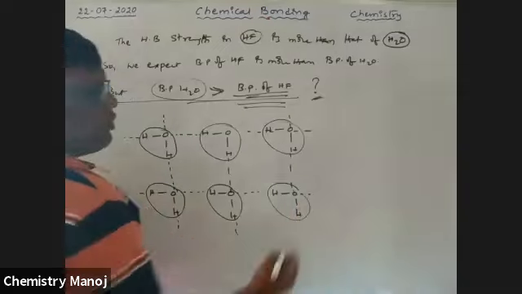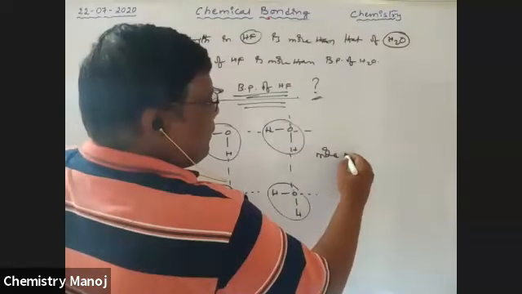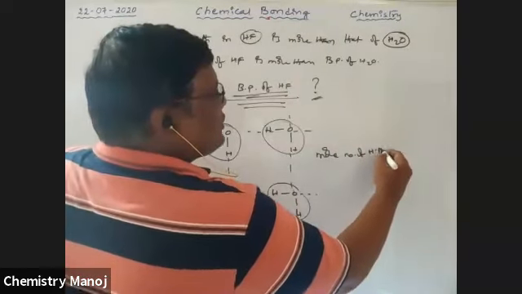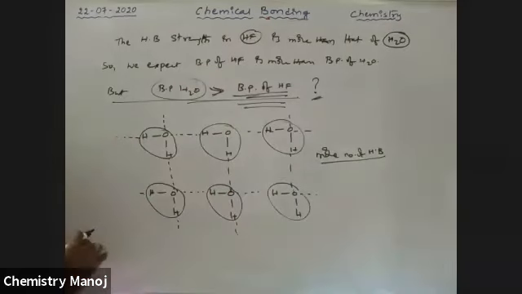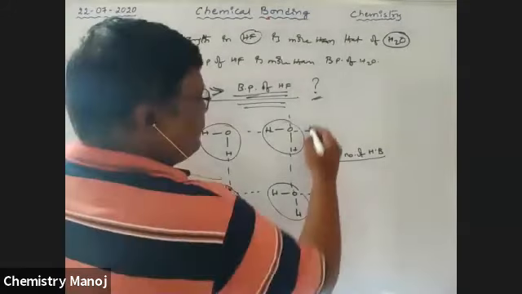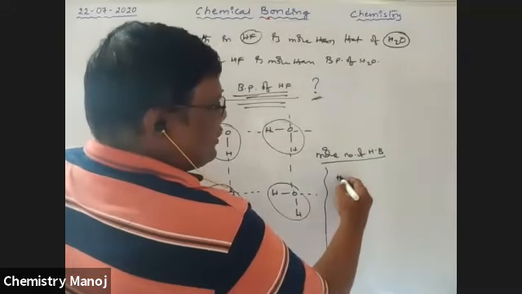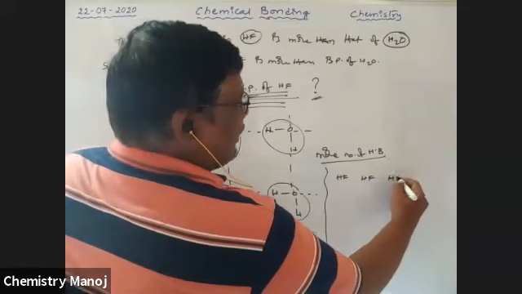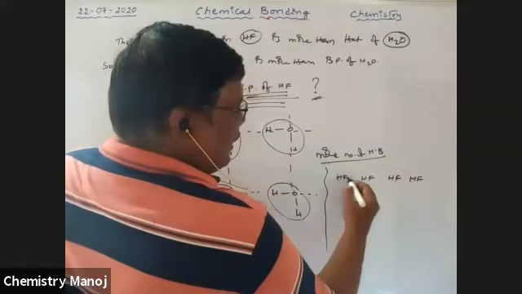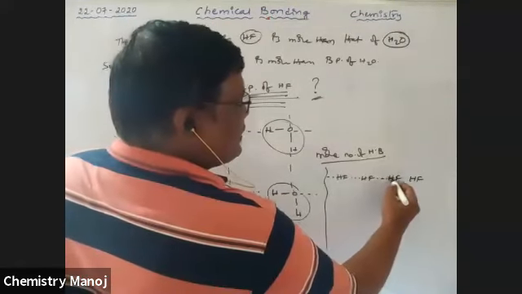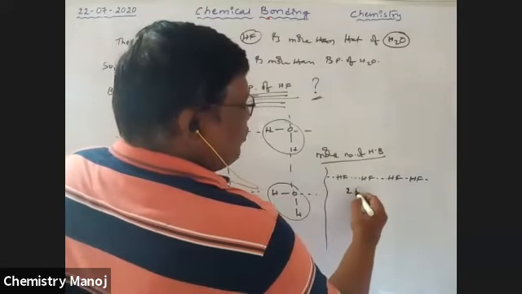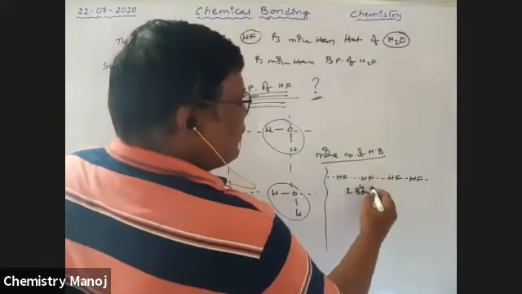That means more number of hydrogen bonds are possible. But in case of HF, I am drawing HF here. On average, this is 1, this is 2. So on average, 2 hydrogen bonds end.